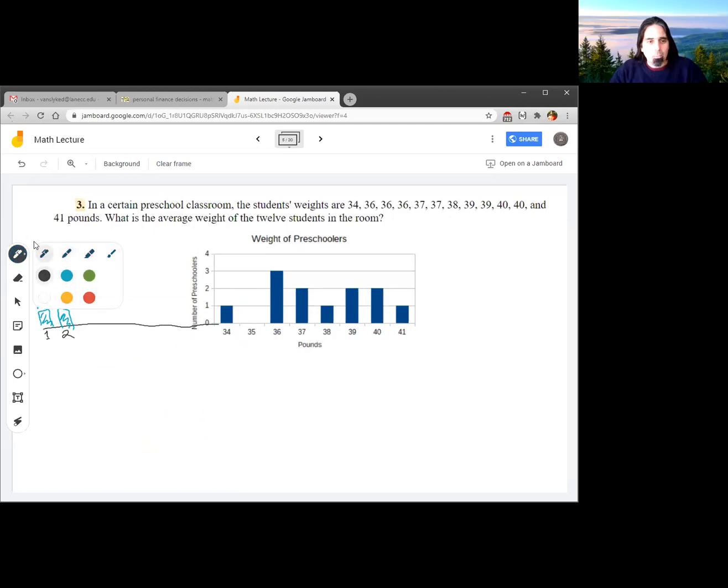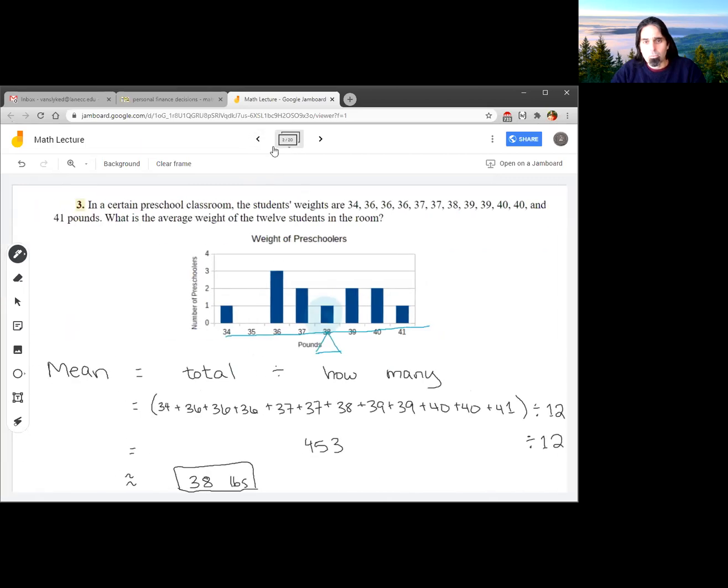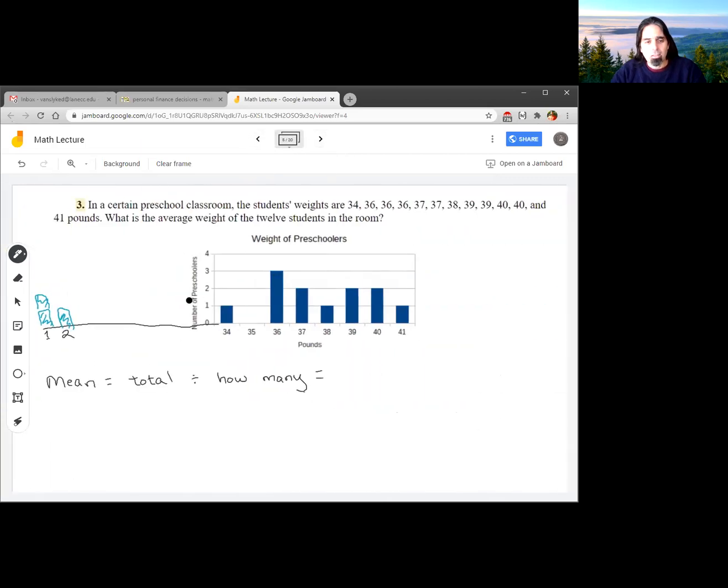Yeah. So this is going to mess up our mean. So the mean, the total divided by how many. Well, the old total was 453. So 453 before, 454, 455, 457.